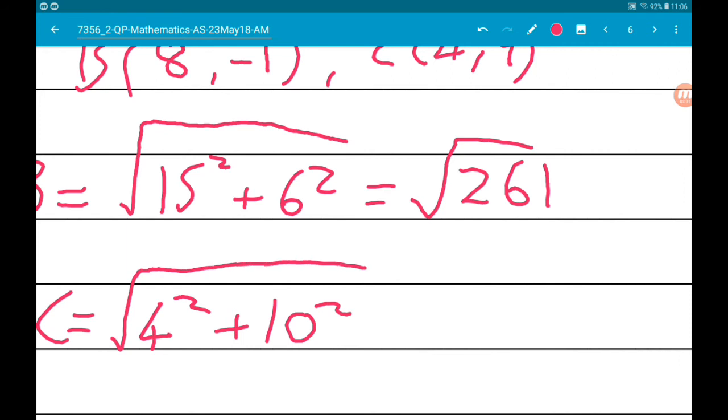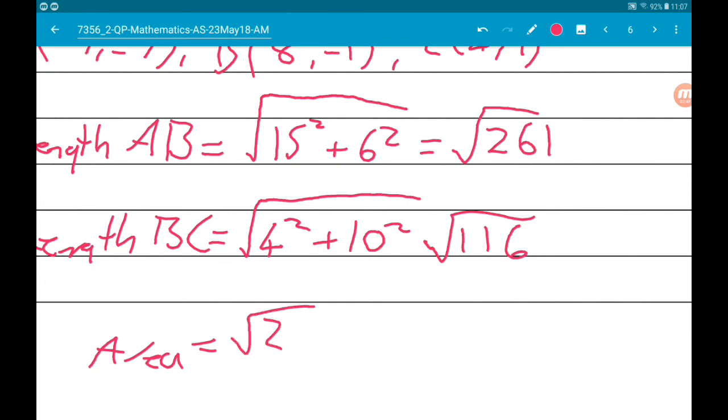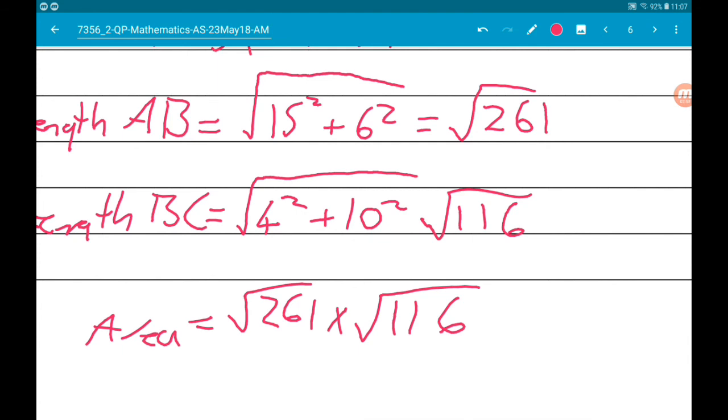Square rooted, which is root 116. So the area is root 261 times root 116, which gives us 174. Cool.